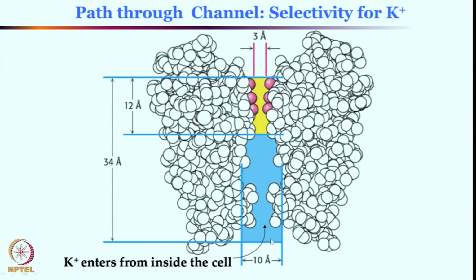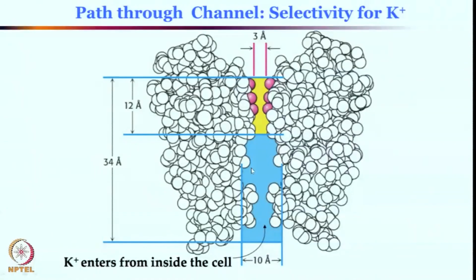So, the metal ions such as lithium, sodium, potassium, rubidium, cesium, all perhaps can pass through this channel. Now, the question is then how the selectivity is obtained in these cases. So, one case that we have discussed so far is that the bigger ions will get stuck here and therefore will not be able to pass through.